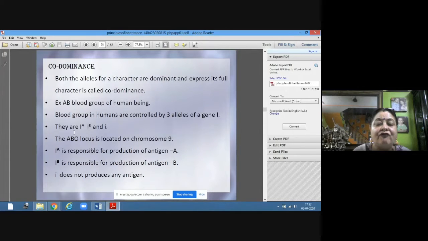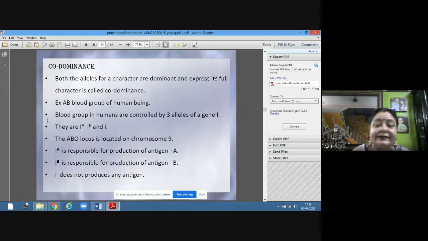These three alleles are IA. I is the gene, IA is the allele, IB and small i. So capital IA, capital IB and small i. These are the three alleles of gene I, which control the blood group in humans.